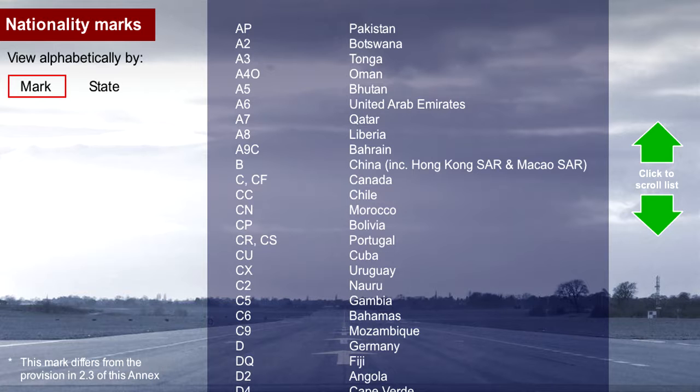Each state is required to notify ICAO if differences exist, no differences exist, or no information has been received. Notified differences are listed by state in the final part of the annex. States are also required to list these differences in their own air information publication documents.